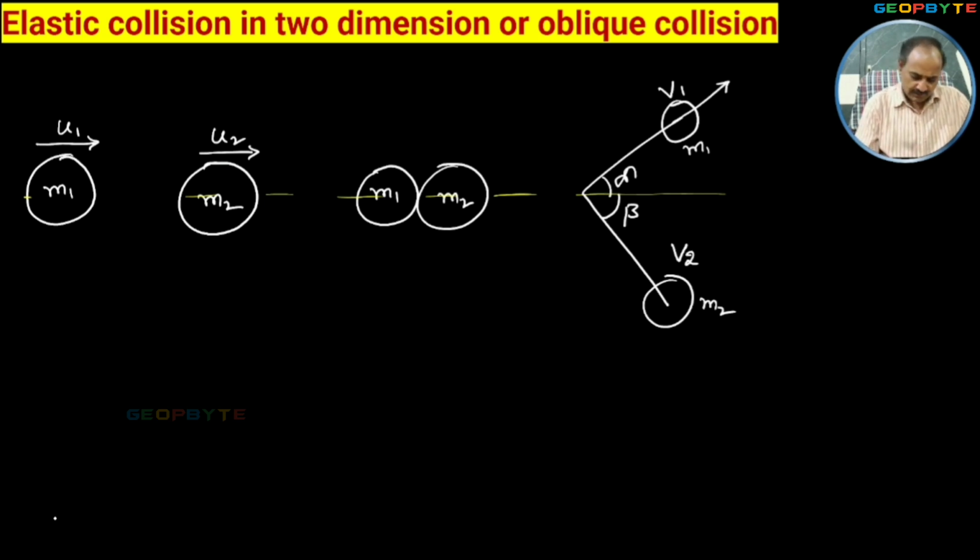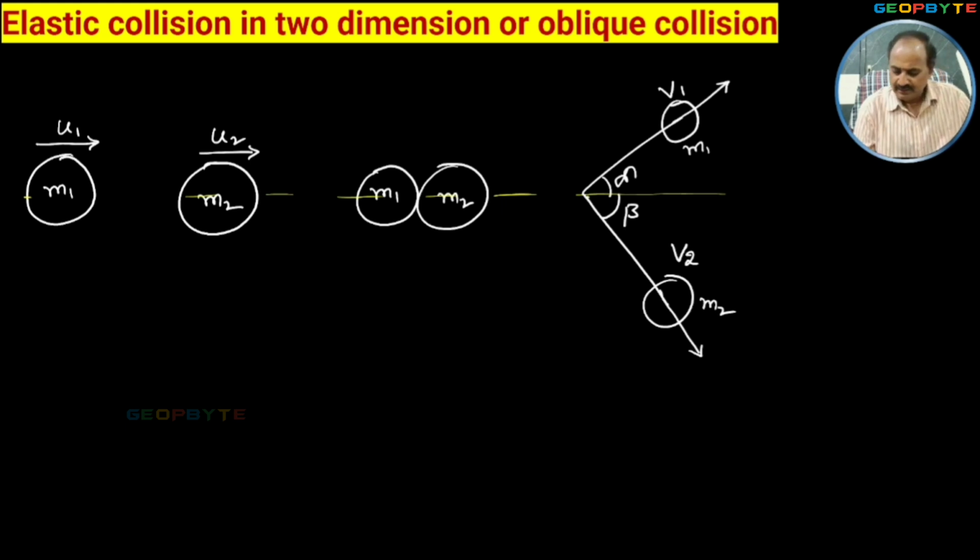Since after collision the bodies are moving with certain velocities v1 and v2 at an angle, both bodies develop two components of velocity.